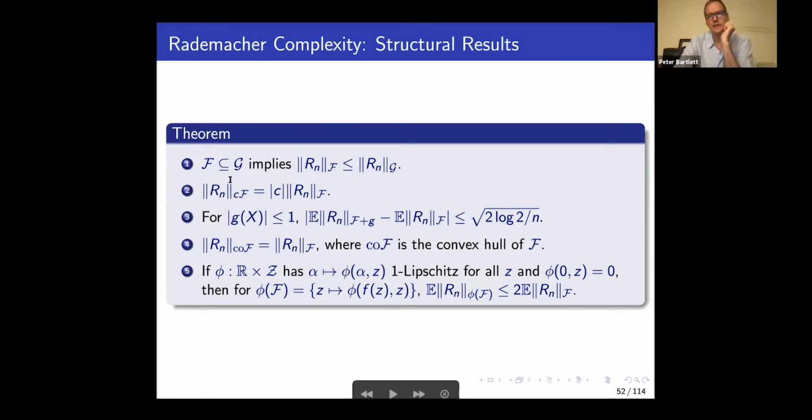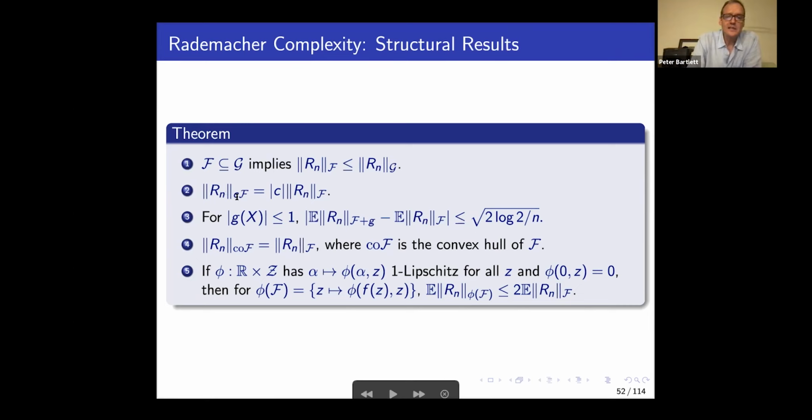The first couple are really pretty simple. If you've got a smaller class, the Rademacher complexity is smaller. This makes sense. You're just taking a supremum, maximizing over this class of functions. If you're allowed to maximize over a bigger class, you'll certainly be able to do at least as well, and possibly better, getting a bigger value.